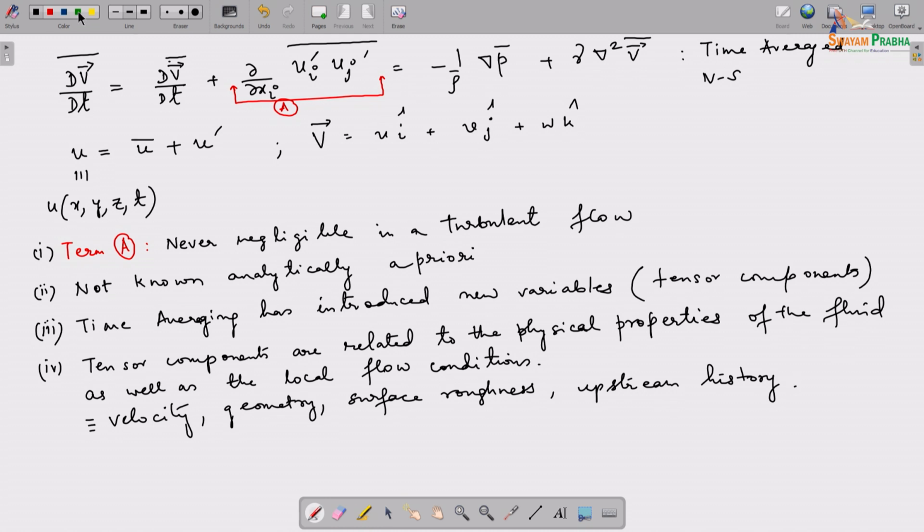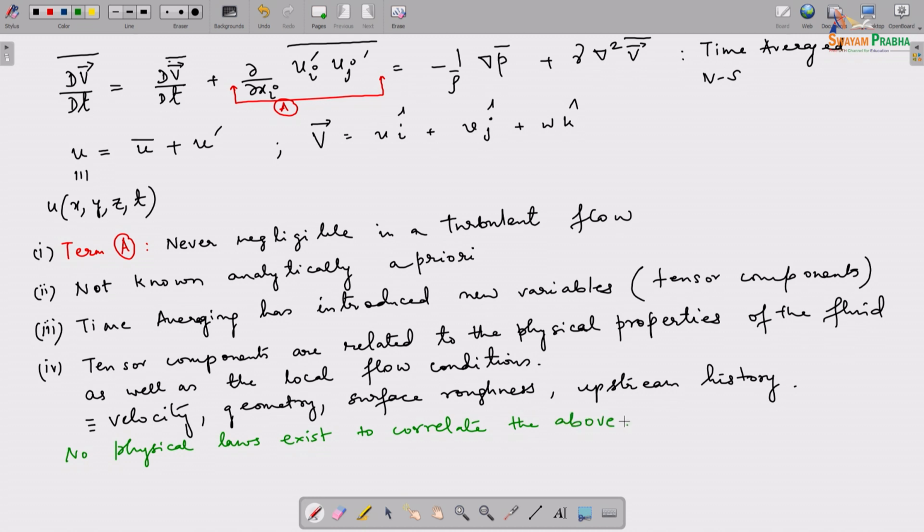And there are really no physical laws to relate these. No physical laws exist to correlate the above.